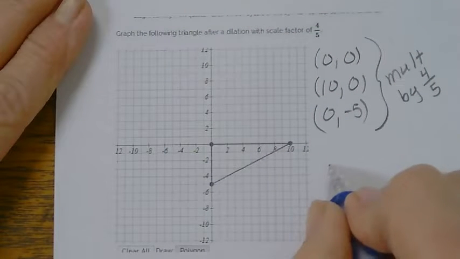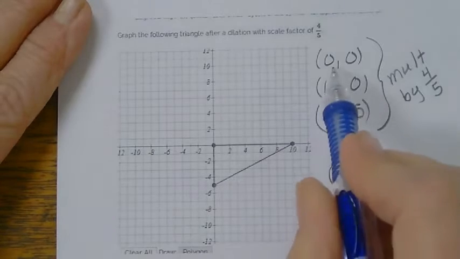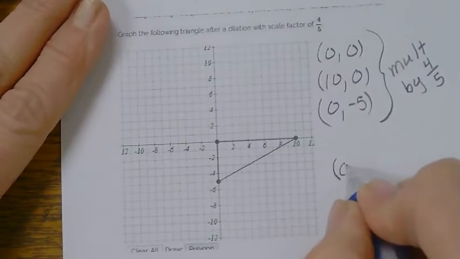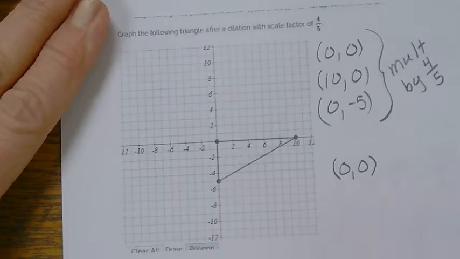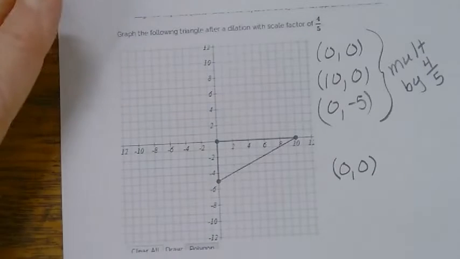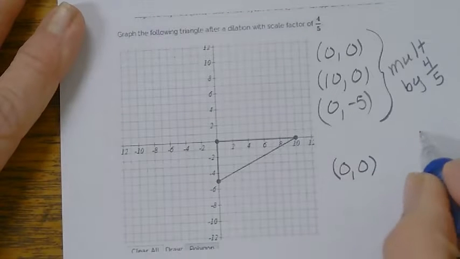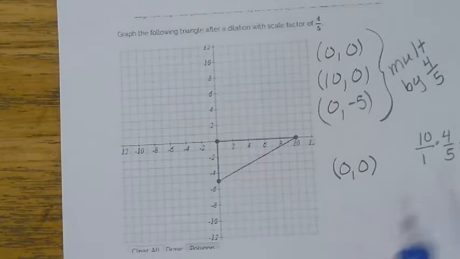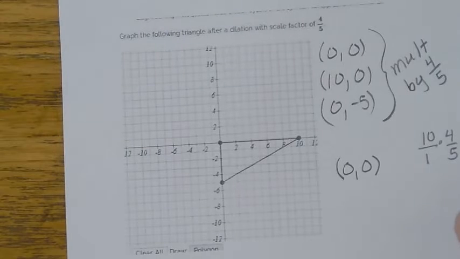So my new triangle, well, 0 times anything is 0, so this one's easy. That one stays the same. Now, let's see. 10 times 4/5. Multiply across and then reduce.